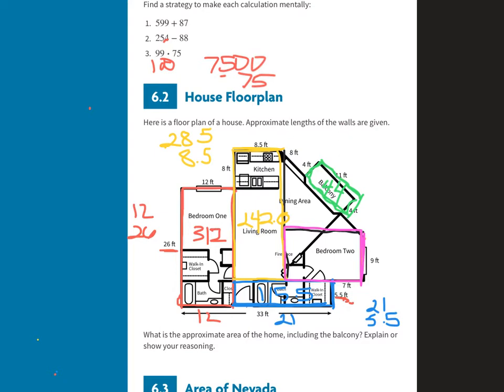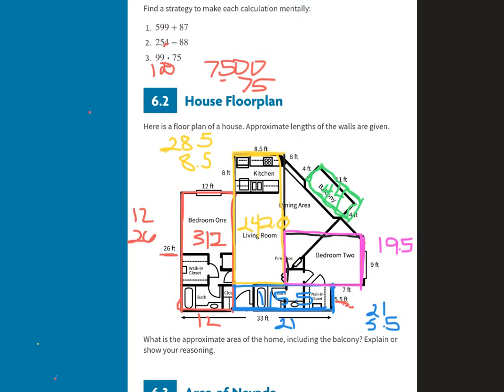And then I've got to add the 7 on the end, and I get 19.5. So I'm going to go 19.5 times 9. You get 175.5.